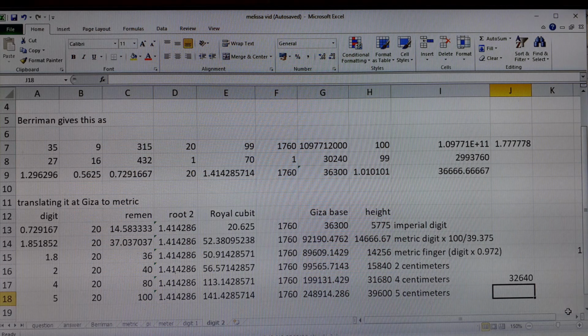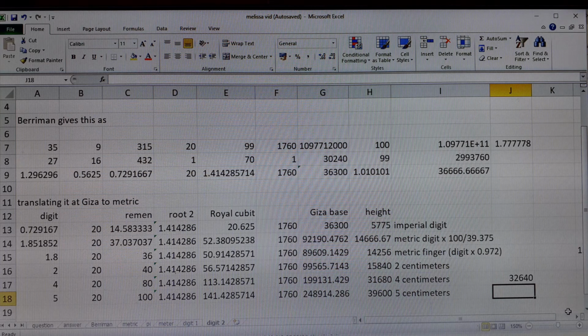And John Neal suggested that Berriman had fudged his figures and that he'd forced his royal cubit to be in imperial inches so that it would work with the imperial system. 20.625 is an imperial unit, and it is. And John Neal accuses Berriman of doing this deliberately.